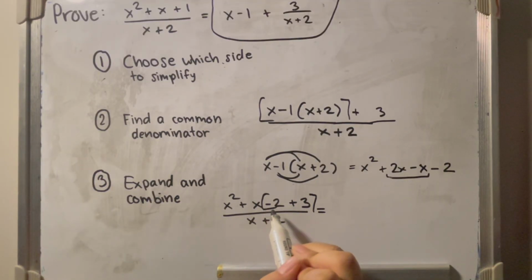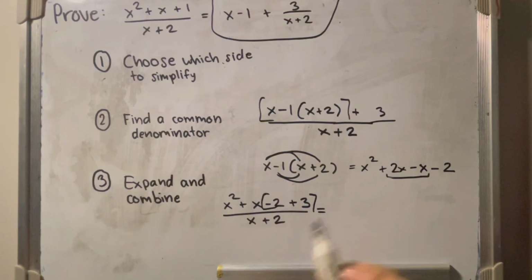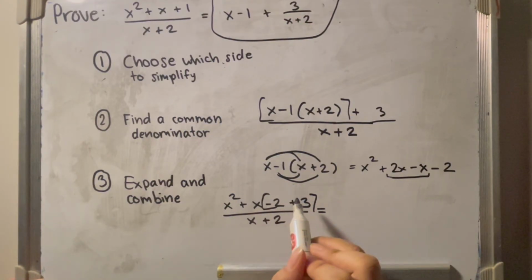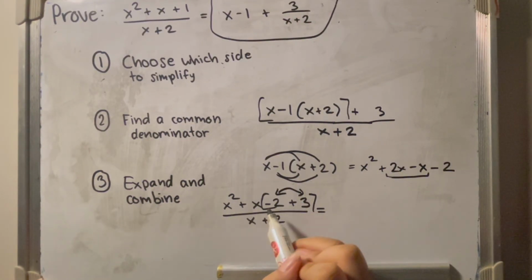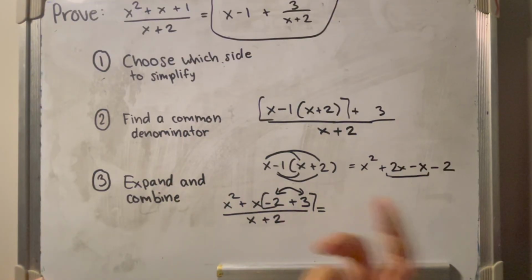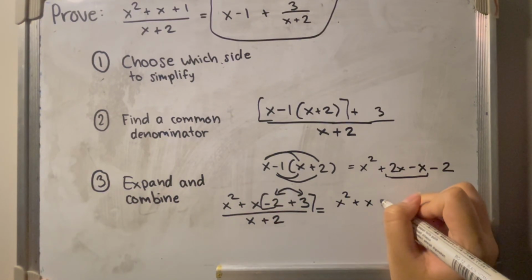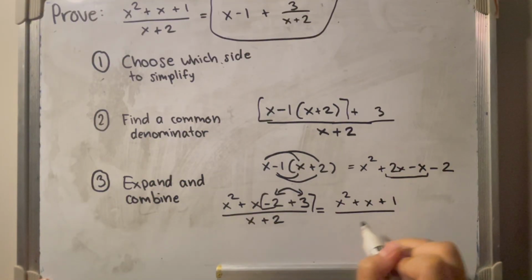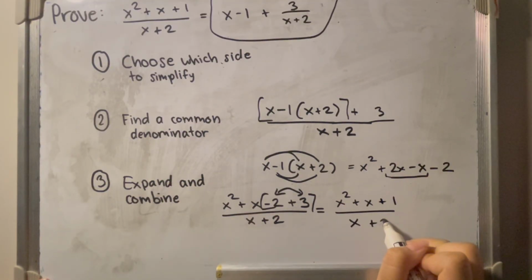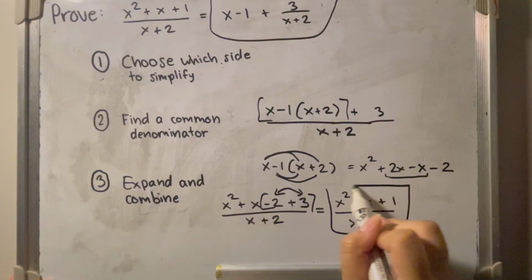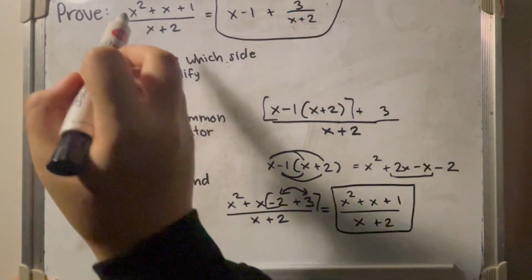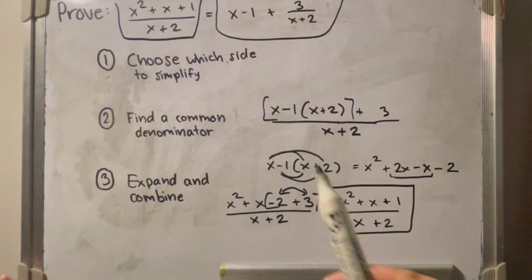What is negative 2 plus 3? Well, that is equal to 1, because if you switch these two numbers around, it would be 3 minus 2, which is 1. So that would be easier. x squared plus x, and then plus 1, divided by x plus 2. As you can see, this fraction and that fraction are exactly the same.